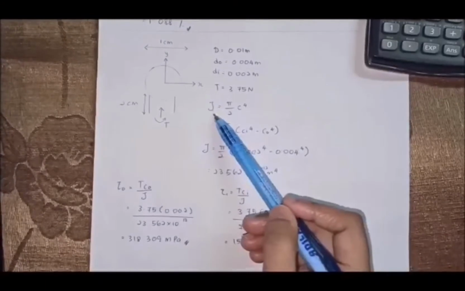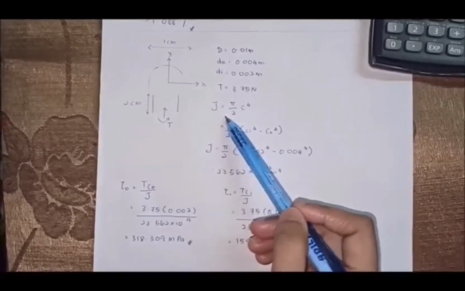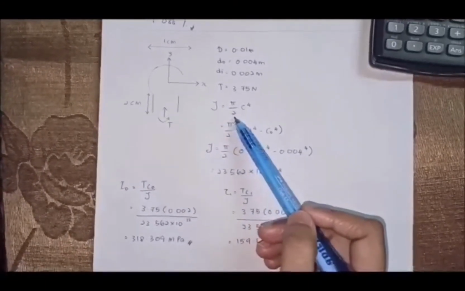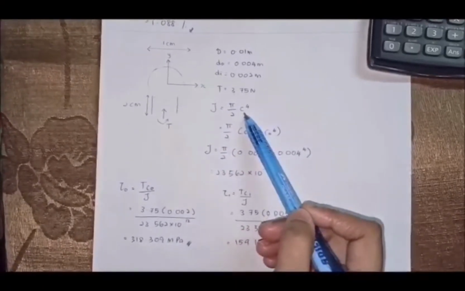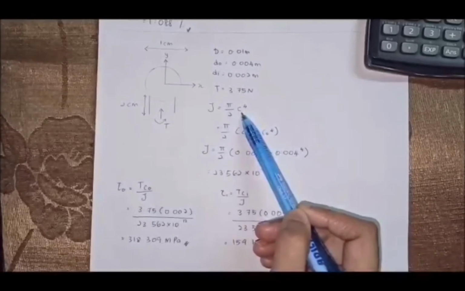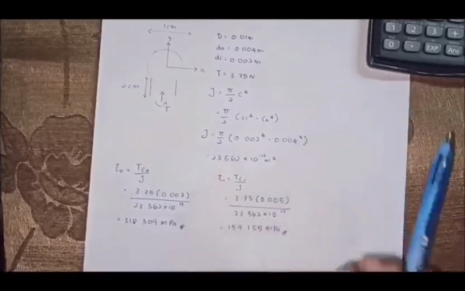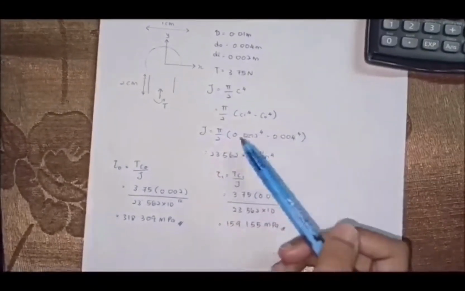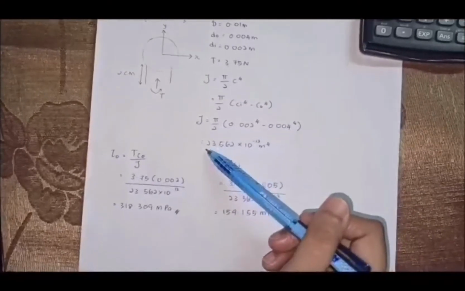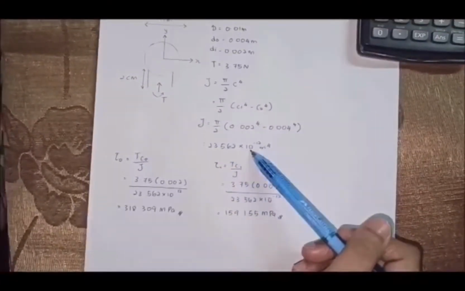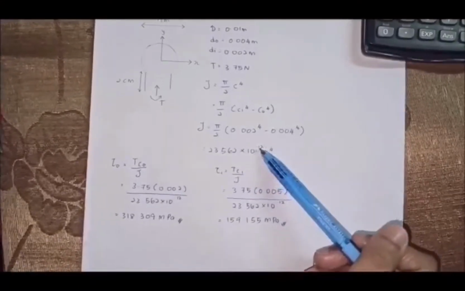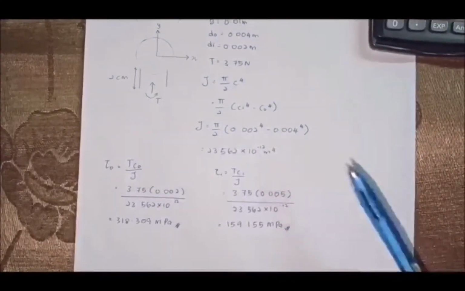For the polar moment of inertia, we use this formula: pi over 2 c to the power of 4, and get the answer of polar moment of inertia as 23.562 multiplied by 10 to the power of negative 12 meter to the power 4.